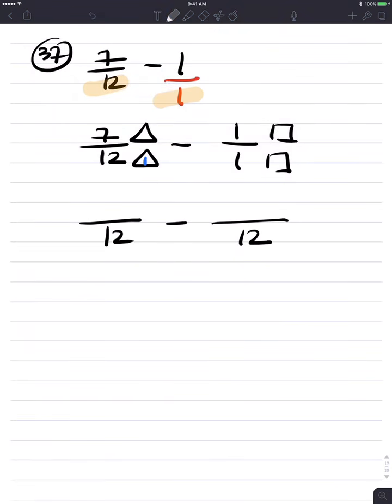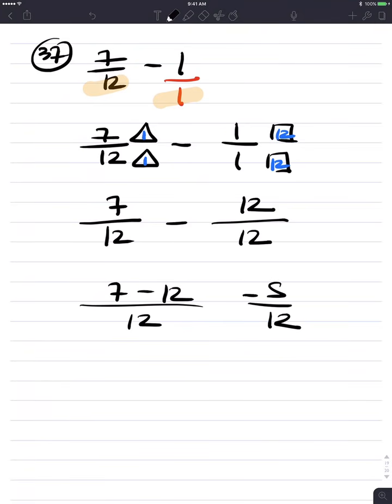Now 12 times 1 is 12. This is what goes in my triangles. And 1 times 12 is 12, and 12 goes in our squares. So that we now have 7 times 1, which is 7, and 1 times 12, which is 12. We can subtract 7 with 12 over 12. Notice we get negative 5 over 12.